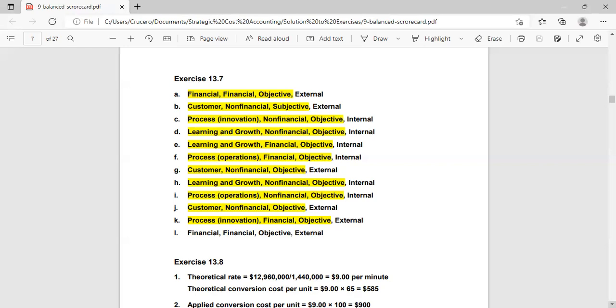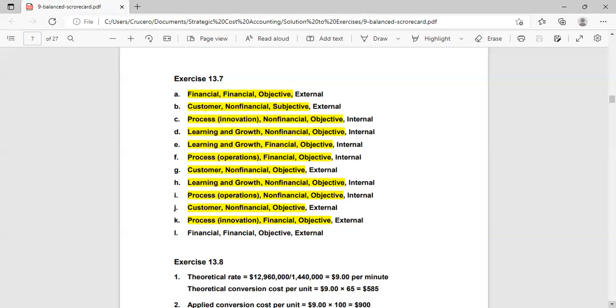Financial is financial and objective. So again, it's external. While in the case of letter B, ratings from customers, we now go to our answers, which would be external or internal.